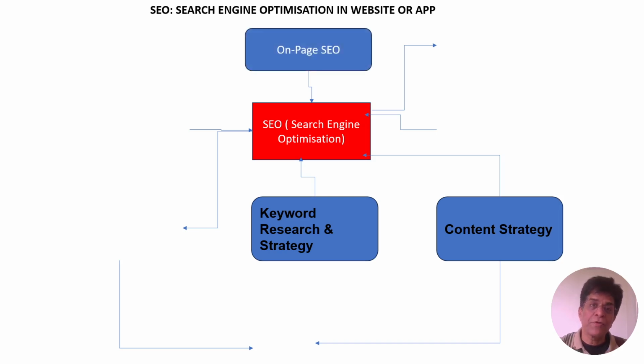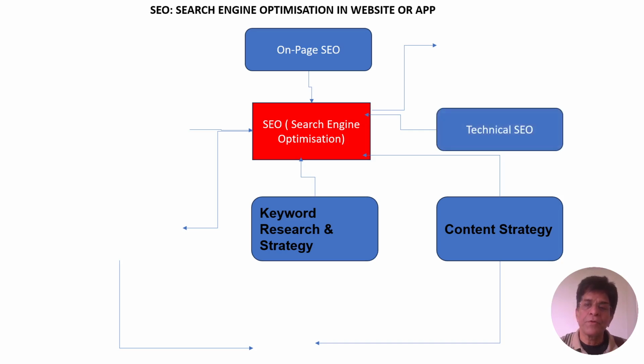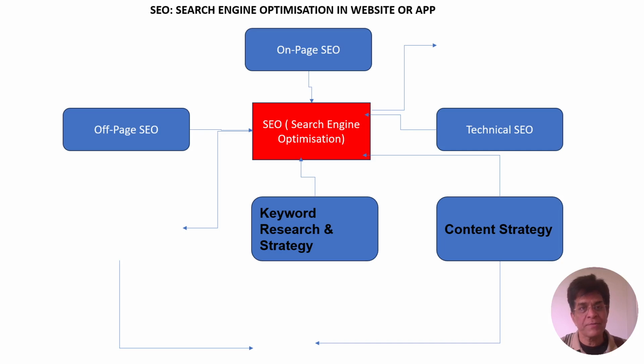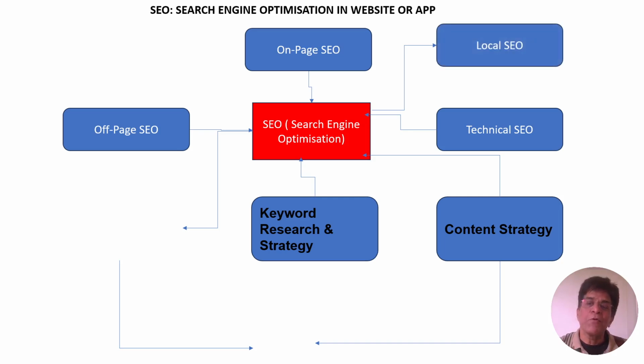We have to configure the on-page SEO then. On-page SEO option is there in all the pages at the time of development of the website. We have to use the technical SEO configuration. Then we have to go out of our website and ensure that off-page SEO is being ensured, and then local SEO for local business, region-wise business.